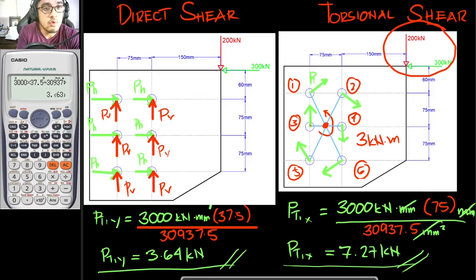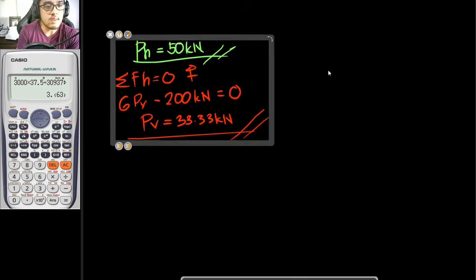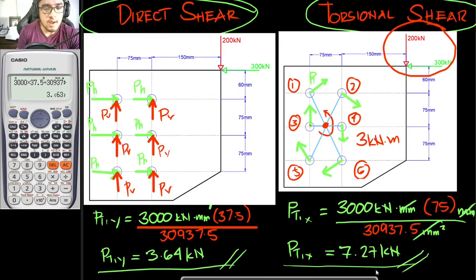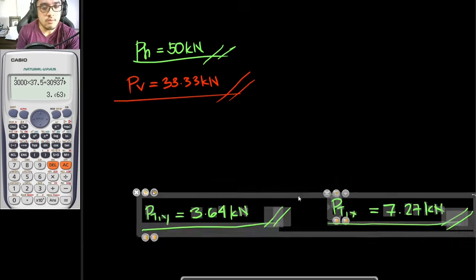So, what would we do next? We would be considering both of these, the direct shear plus the torsional shear, and we would just be getting its resultant. From your direct shear, let me copy our answer. This is for direct shear, and these ones right here are for torsional shear.